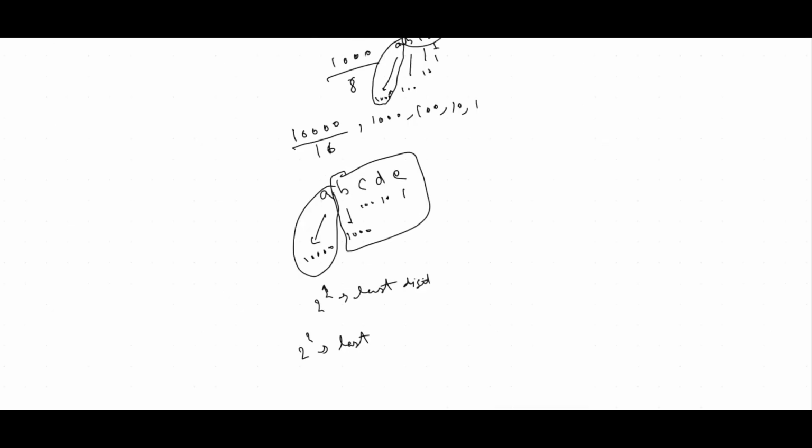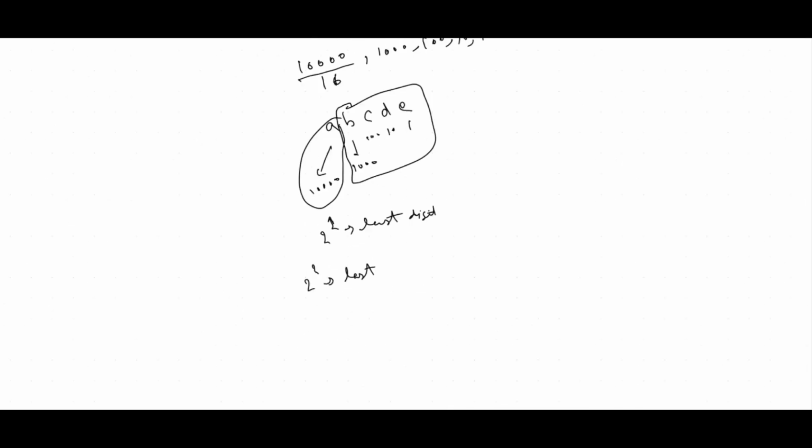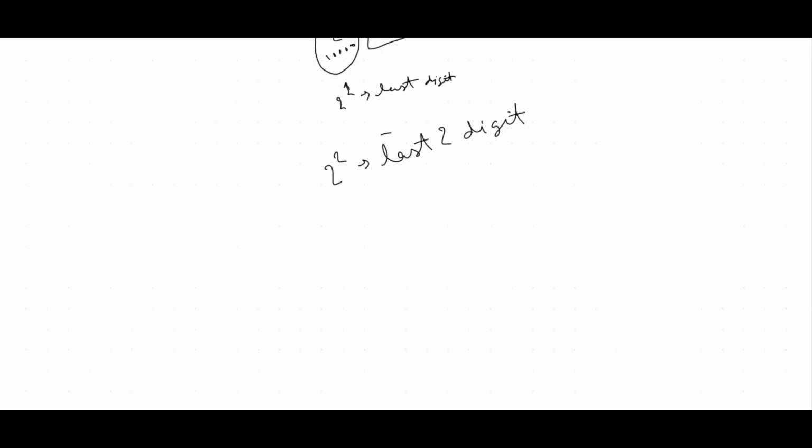So for 2 to the power 1, you just check the last digit. For 2 to the power 2, you will check the last two digits. I don't think you should have any doubt now.